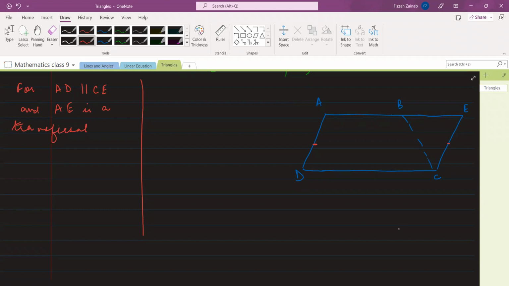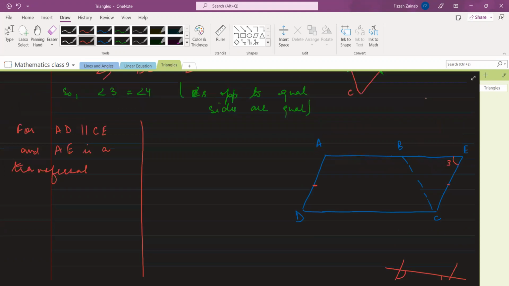So now if you have two parallel lines and then there is a transversal, that means the sum of this angle and this angle is 180 degrees, that you know. In the chapter lines and angles it was also there, right? That the sum of interior angles is supplementary. Remember? Yes, ma'am. So I was calling it angle 3. Yeah, this was 3, and this was 4.